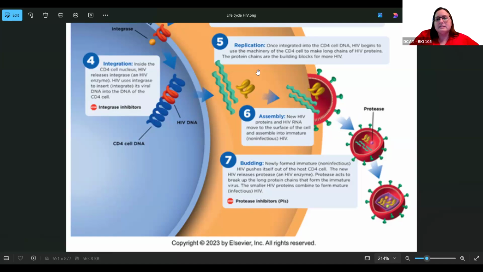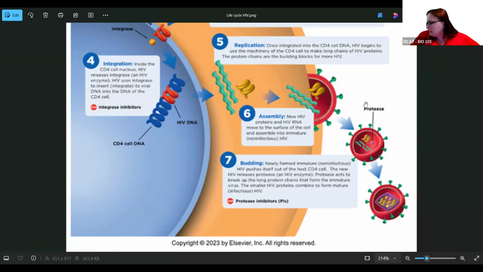So it's taking its viral proteins and its HIV RNA, and it's assembling them together, okay? And it's putting it into a new HIV cell, okay? So it's building a new cell with all the material that it needs, okay?